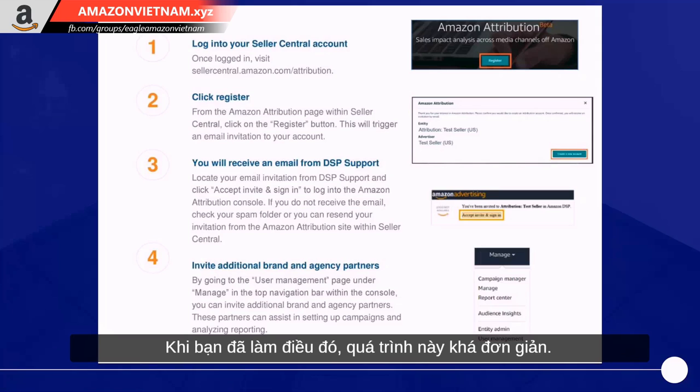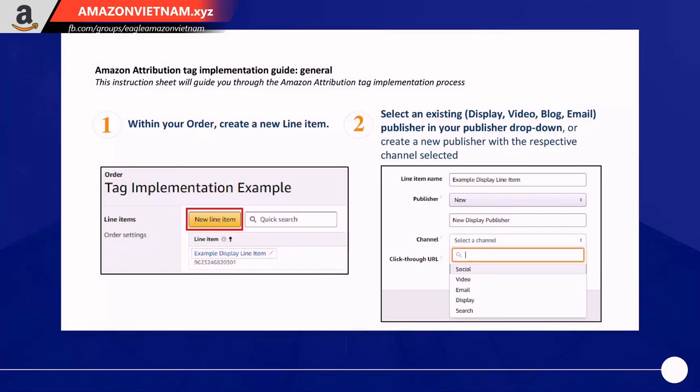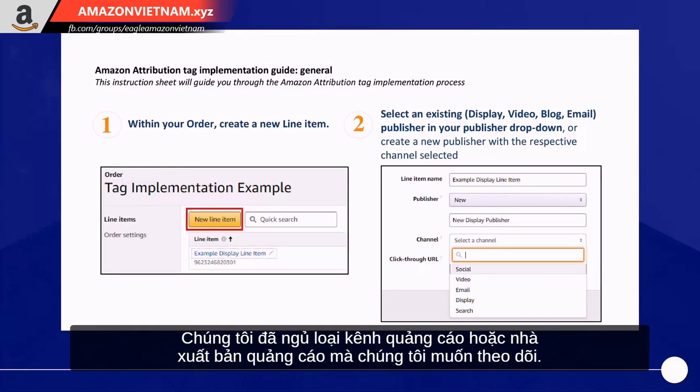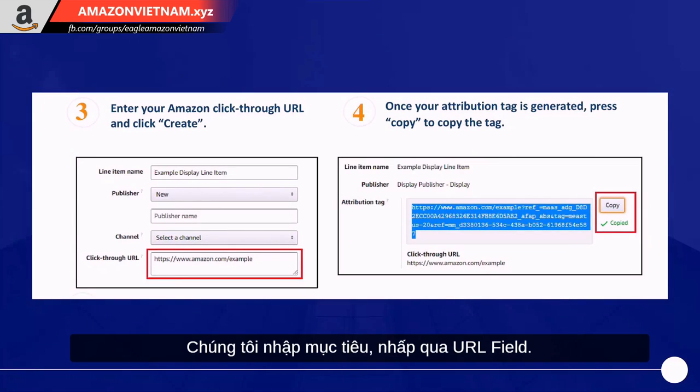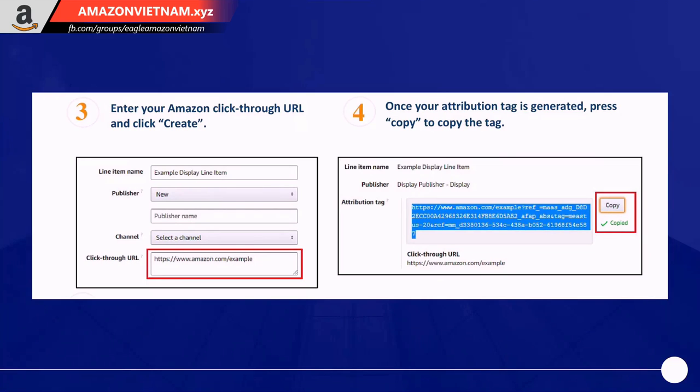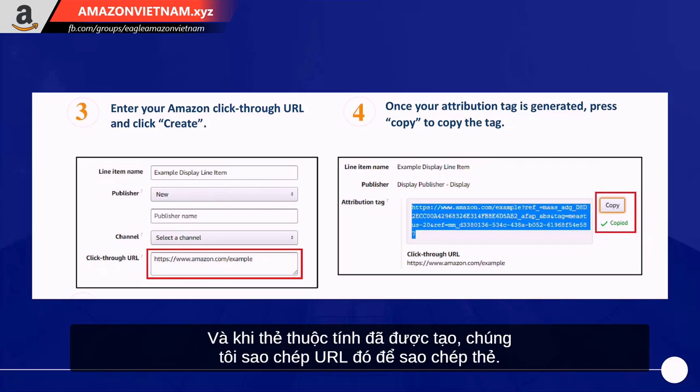When you've done that, the process is fairly simple. We create a new order, which we'll talk about in a second, and then create a new line item. We select the type of advertising channel or advertising publisher that we want to track. We enter the target click-through URL, so this will most likely be our product listing URL. And once the attribution tag has been generated, we copy that URL to copy the tag.